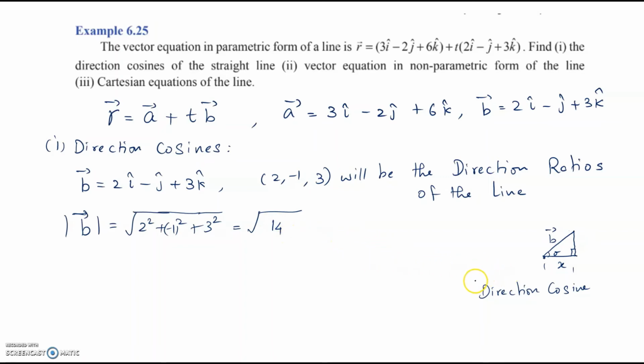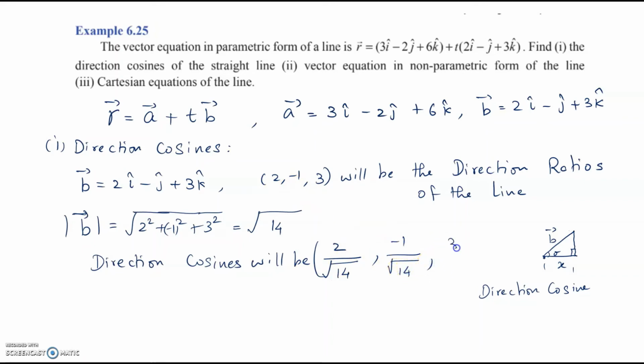So our direction cosines will be 2 over square root of 14, which is adjacent side by hypotenuse, comma, minus 1 by square root of 14, 3 by square root of 14.